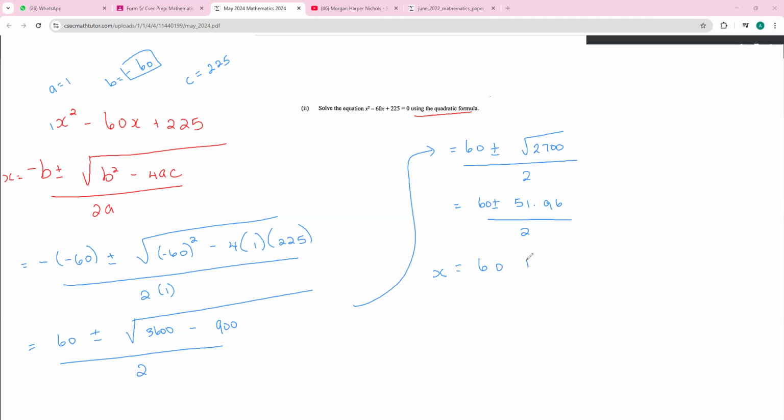So we'll have 60 plus 51.96 all divided by 2, or 60 minus 51.96 divided by 2. So we separate them, we solve them individually using your calculator.